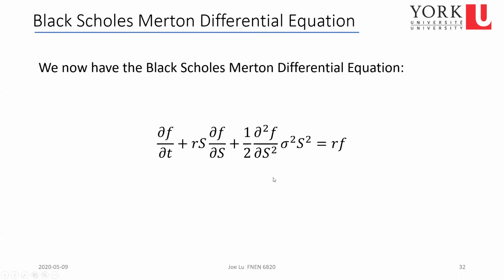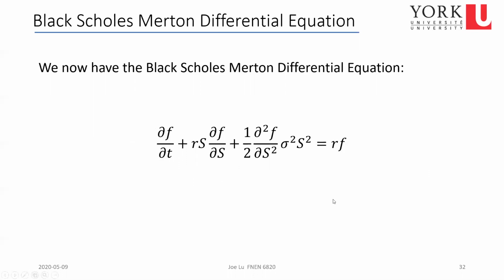Now, this being a fundamental partial differential equation means that any derivative product, as long as it is a derivative product with underlying asset that follows the log normal process and pays no dividend, must satisfy this equation, no matter that derivative product is a call, a put, or any other products.